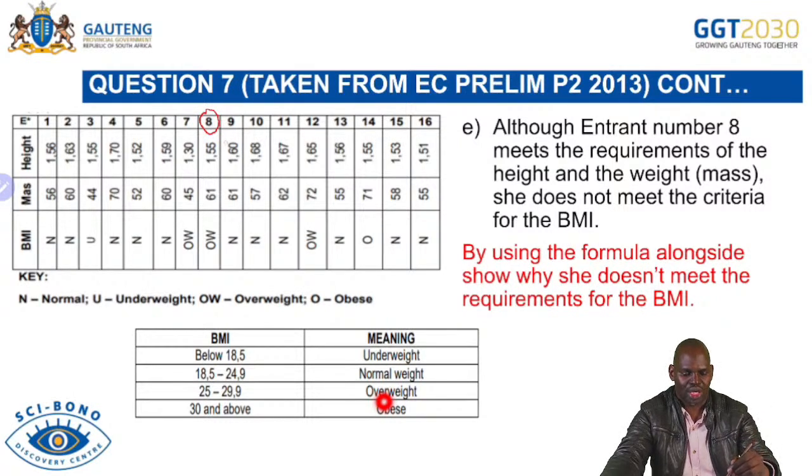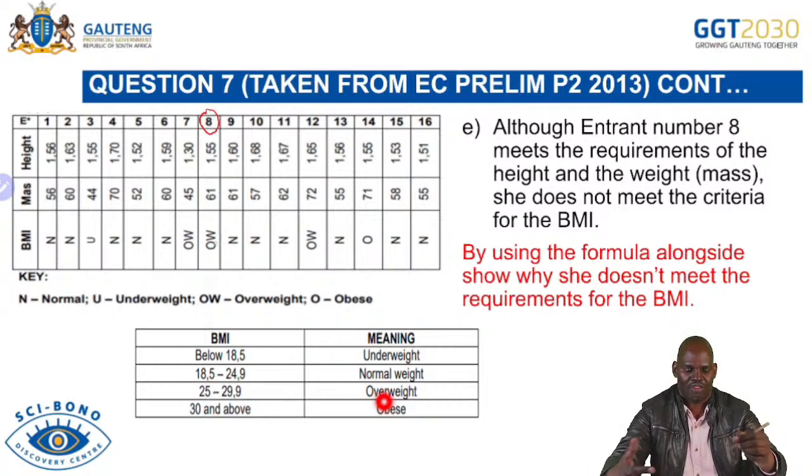The height must be at least 1,55 meters, and the weight must be at least 55. She does not meet the criteria for the BMI. The BMI is supposed to be normal, but it's overweight. By using the formula alongside, show why she doesn't meet the requirements for the BMI.